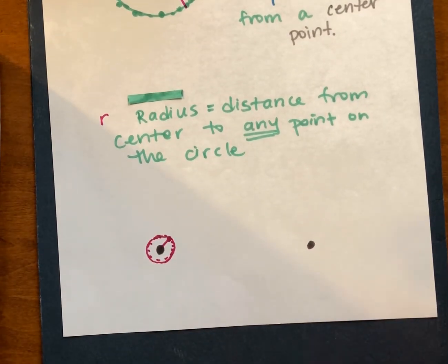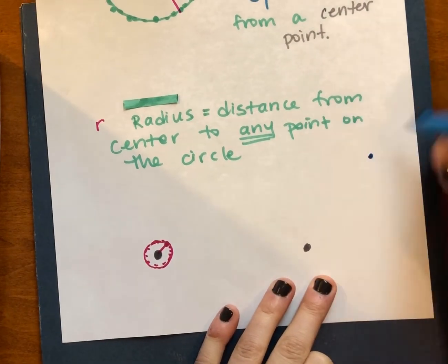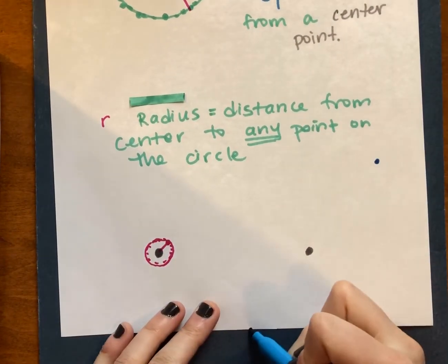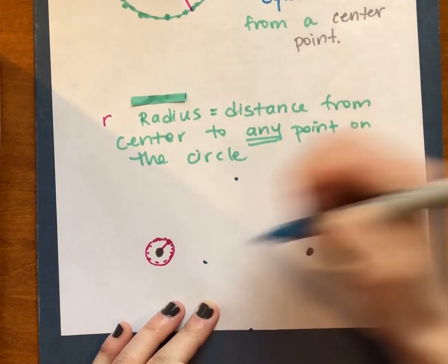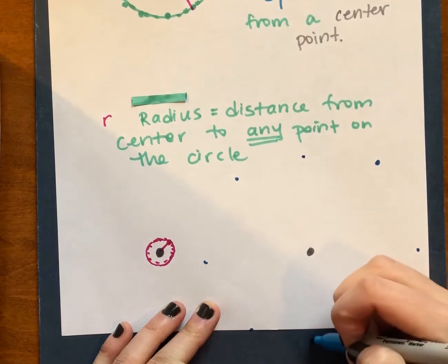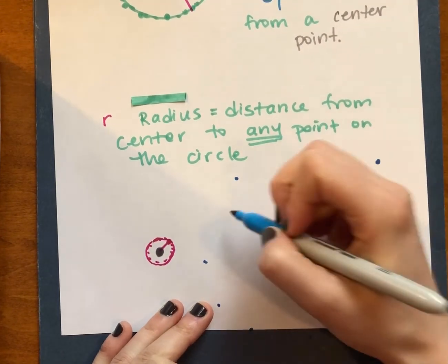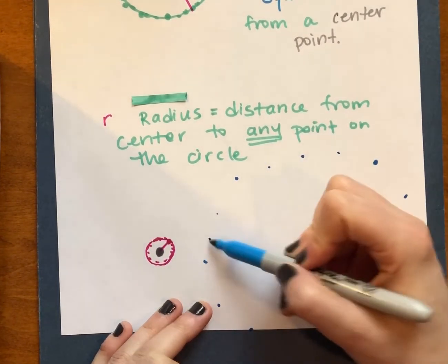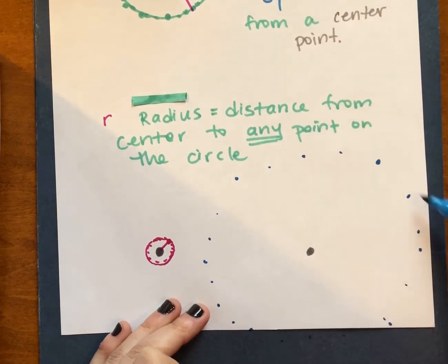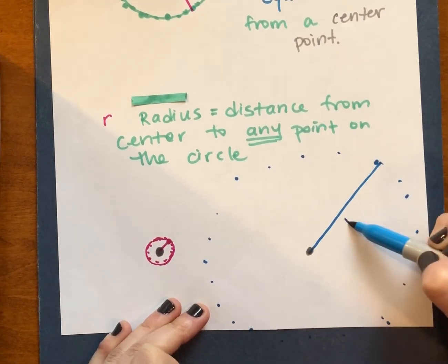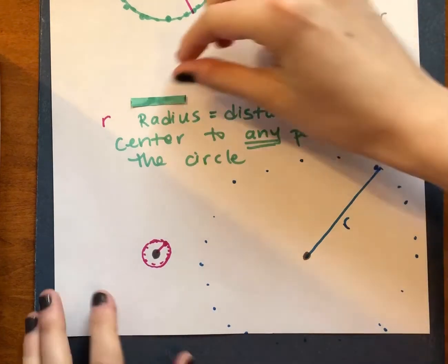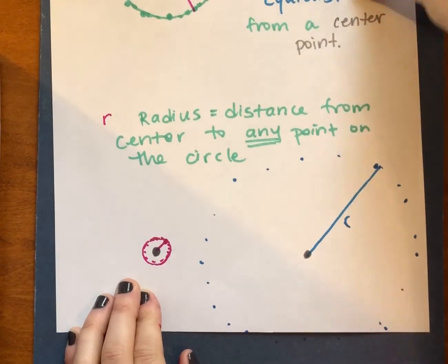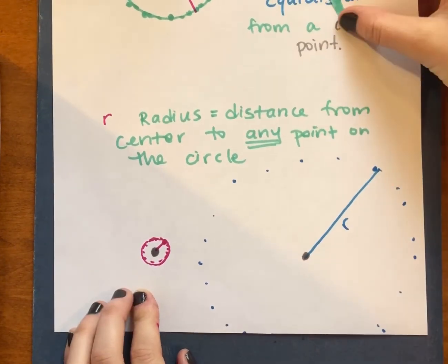If I took another center point and I made it farther away, and I started finding equidistant points, you'll notice that my circle gets bigger, it takes up more space. So this thing, our radius, that distance away, is what makes our entire circle. We say it defines that circle.